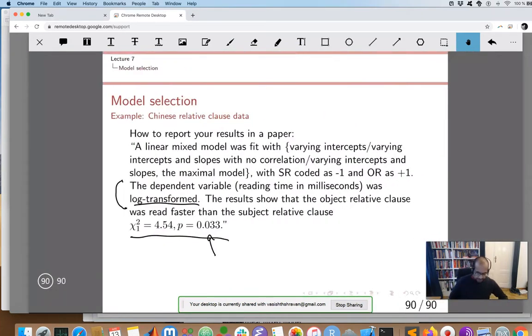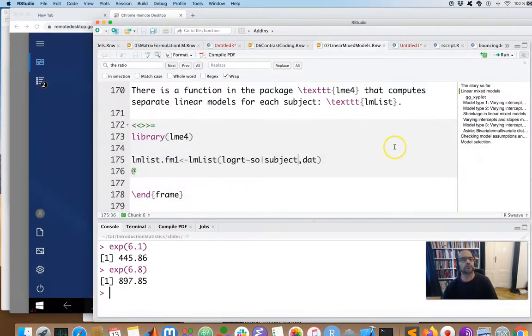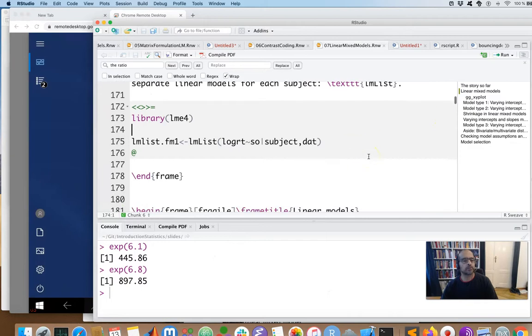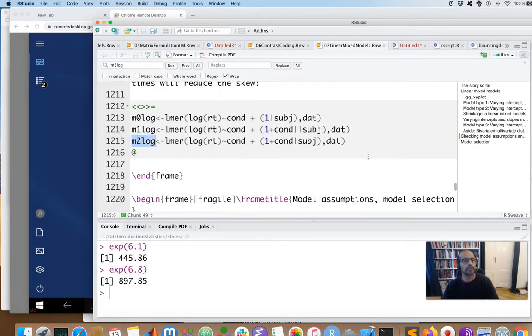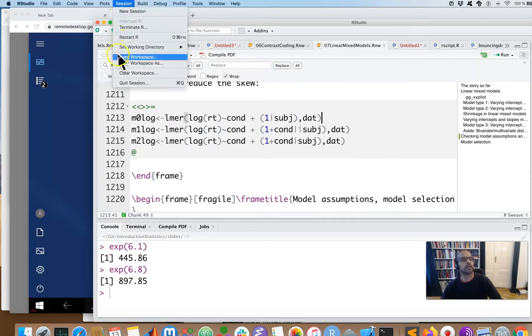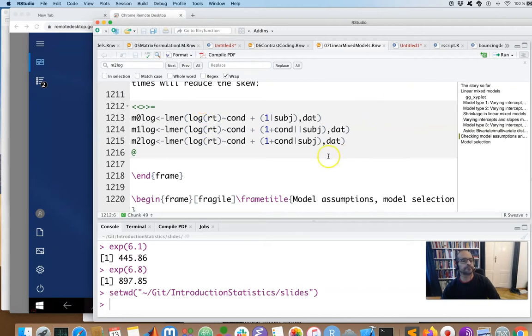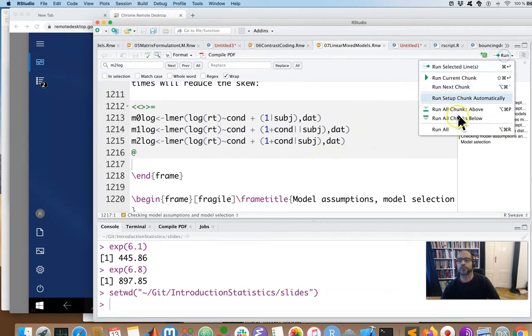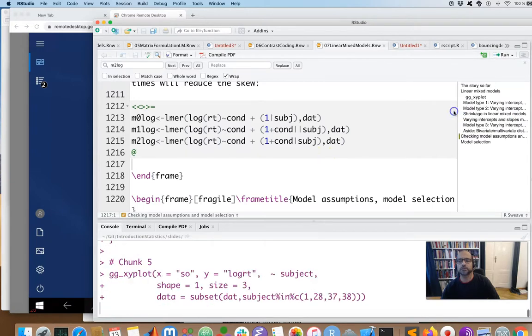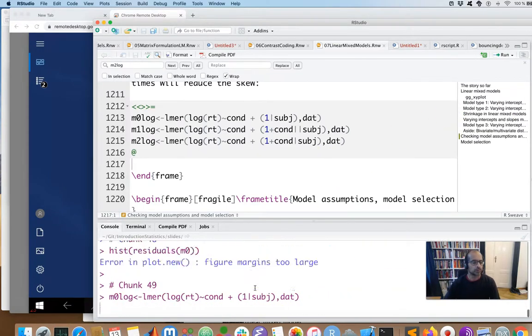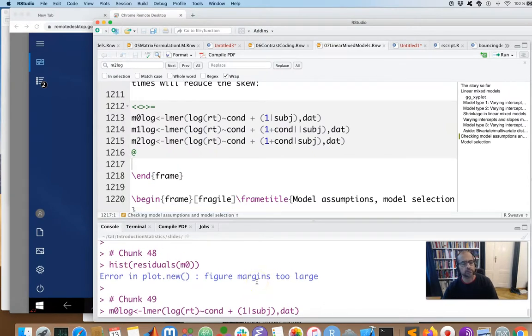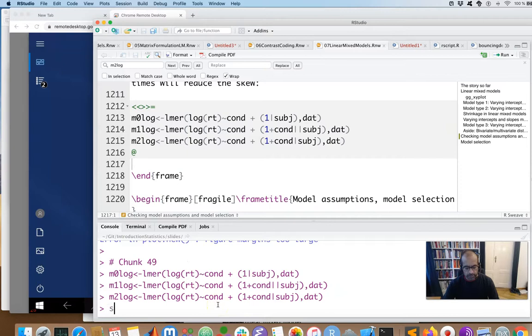In addition to all this text that I've written down here, I would report the following. Let me go to M2 log here. I'm going to run all the code right up to here. Whoa, I got some error messages here. Oh, that's fine. So now what I would report in the paper would be something like M2 log, the coefficients.